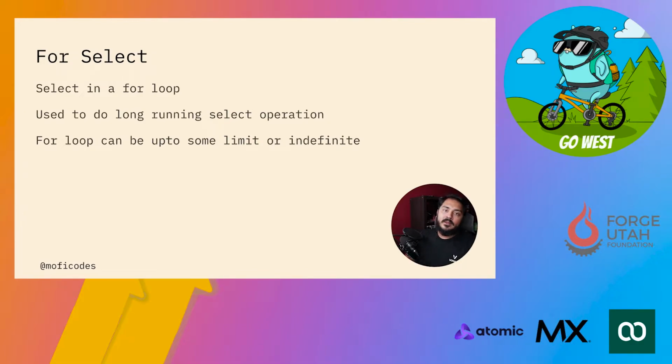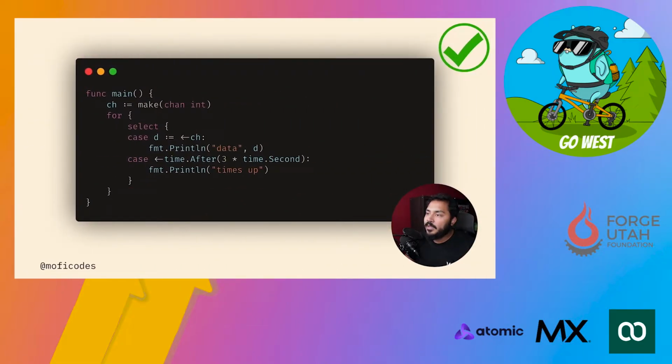Usually you are doing that for an operation that you know will happen many times over, but you don't know exactly how many times. You can just write a ForSelect and it will continue to happen. For example, in this case, we're creating a channel, and we have two select cases. One is some data coming out of CH and putting it into D, and we're printing the data.